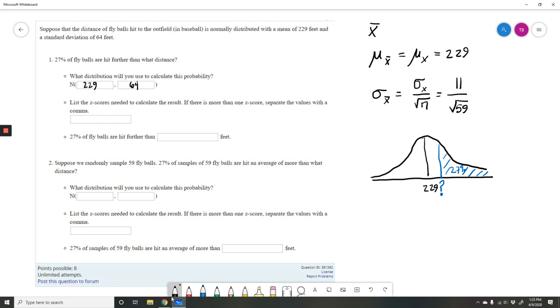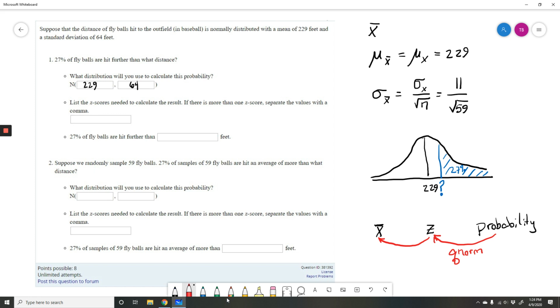So, same idea. We are given a probability. We want to take that to z using the Q norm. And then from z, we're going to take it to x bar, the sample mean that has only 27% of sample means bigger than it.